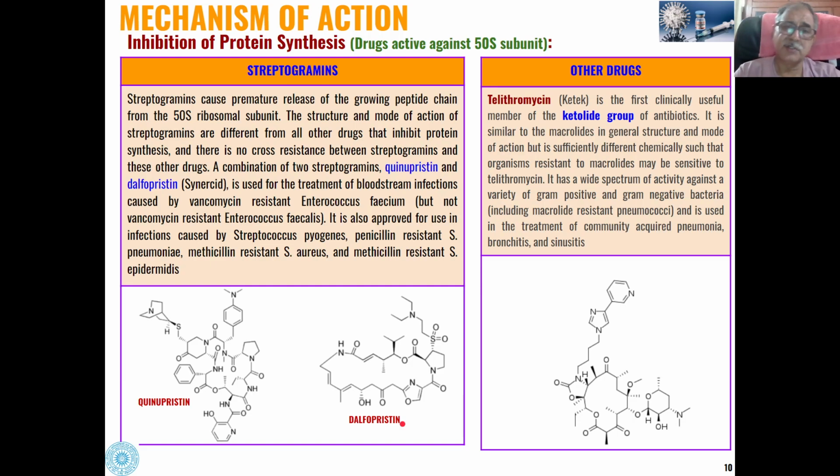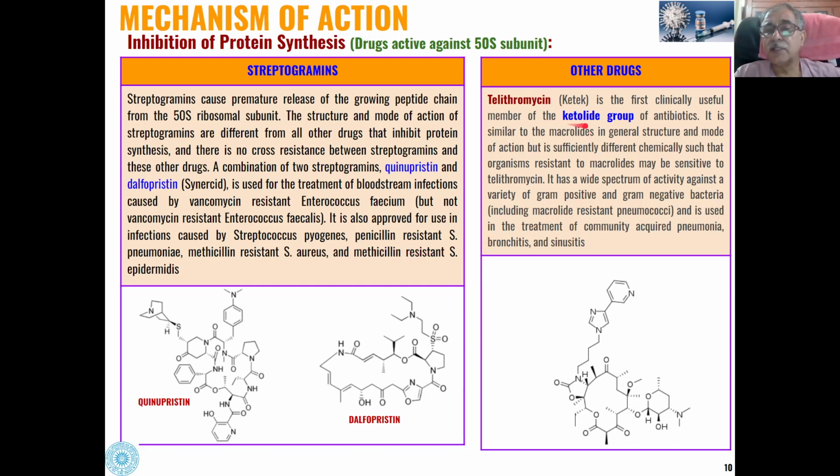This is used for treatment of bloodstream infections which are caused by vancomycin resistant Enterococcus faecium, and it is also approved for use in infections caused by Streptococcus species, penicillin resistant Streptococcus pneumoniae, methicillin resistant Staphylococcus aureus, and methicillin resistant Staphylococcus epidermidis. So these are effective against these types of bacteria.